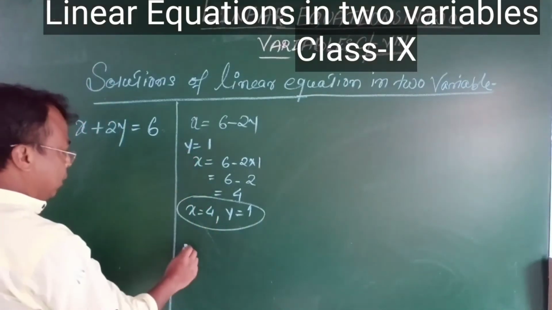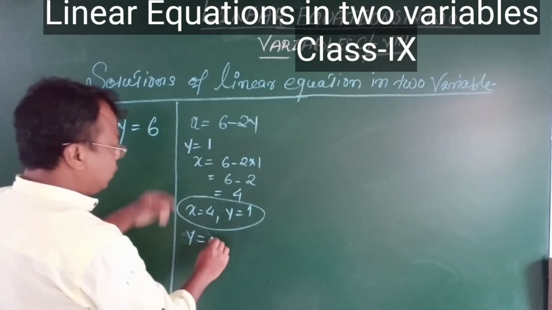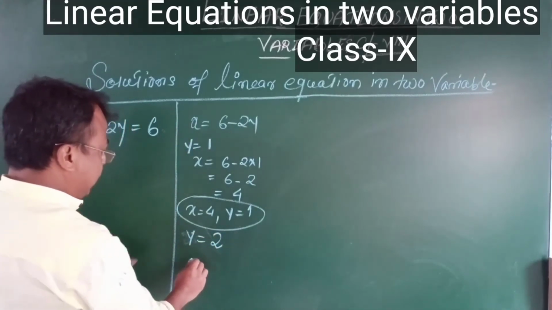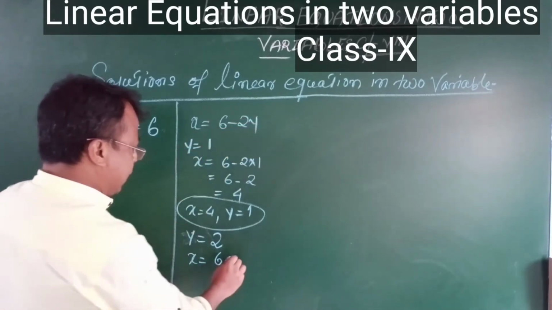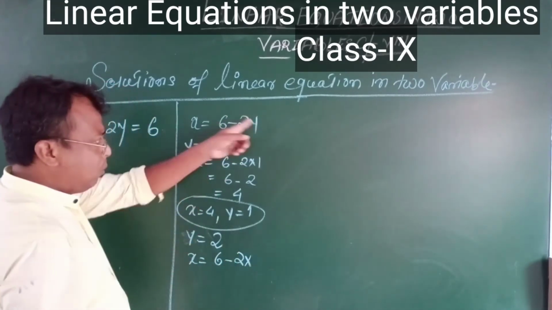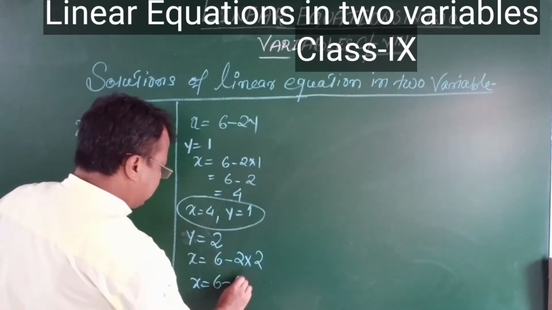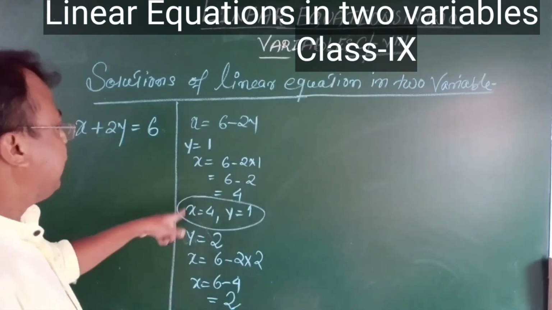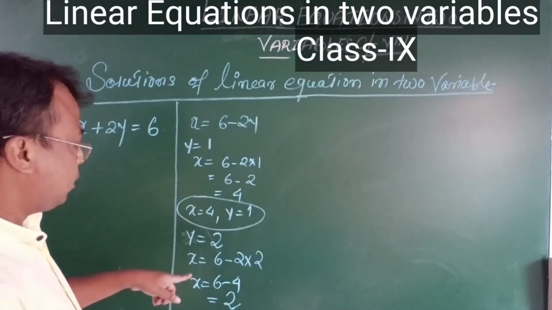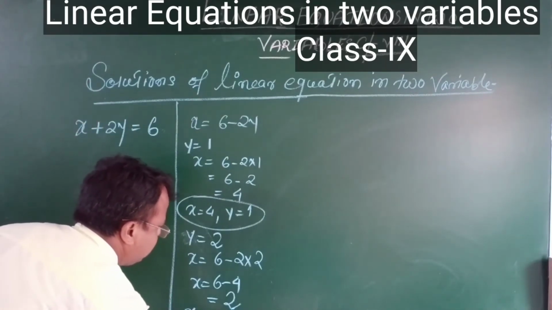Suppose I put Y is equal to 2. So X is equal to how much then? 6 minus 2Y means 2 into the value of Y I am taking, 2. So X is equal to 6 minus 4, which is 2. So X is equal to 2, Y is equal to 2.